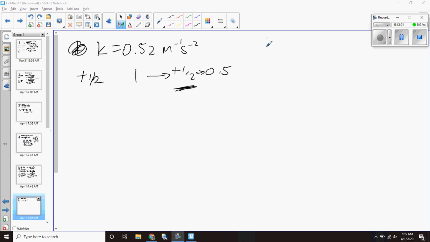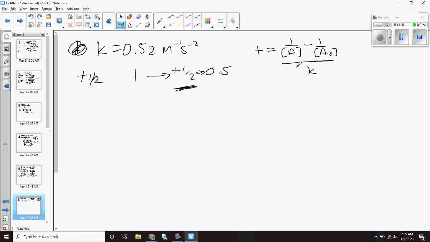If I take the second order equation and rearrange it, I get time equals 1 divided by [A] minus 1 divided by [A]0, and this time it's going to be divided by the rate constant, K.